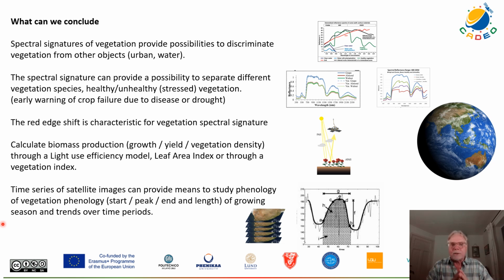Is that still the same time if we compare different temporal images? So is the growing season getting longer because of climate change? We can study that by looking at the phenology and comparing the phenology between different years.